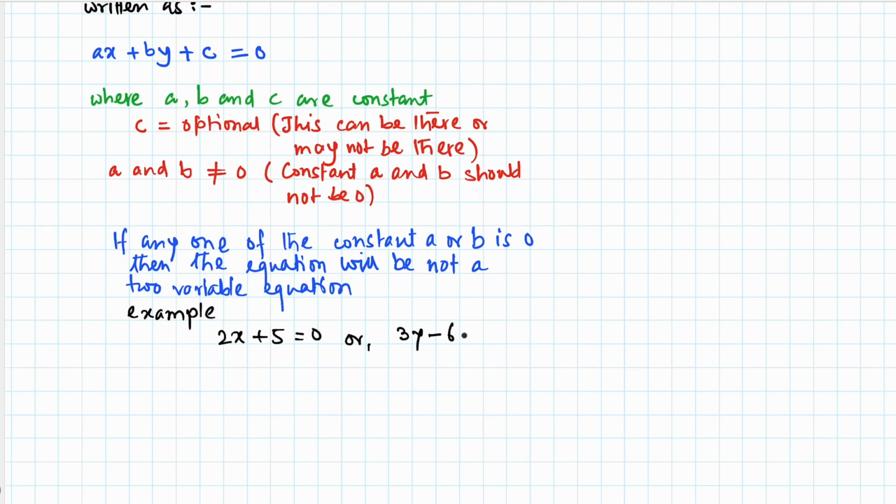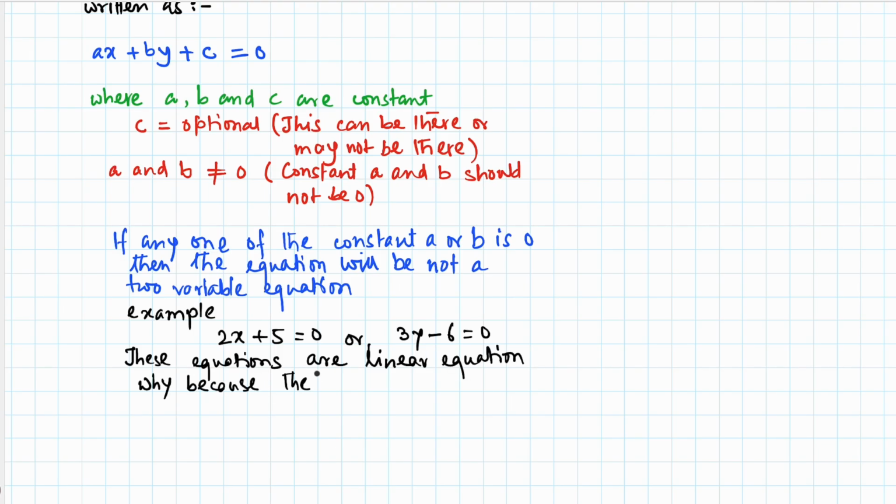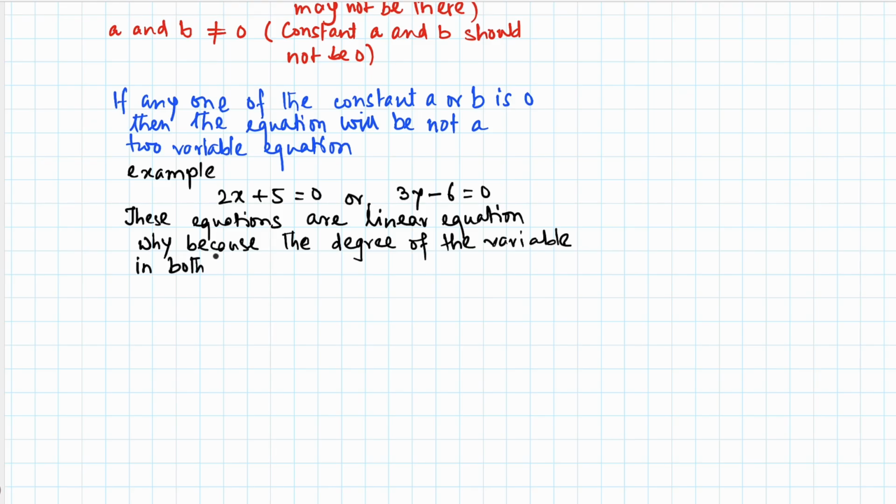Example, 2x plus 5 equal to 0, or 3y minus 6 equal to 0. These two types of equations are linear equations. Why? Because the degree of the variable x or y is 1 here, so they are linear.